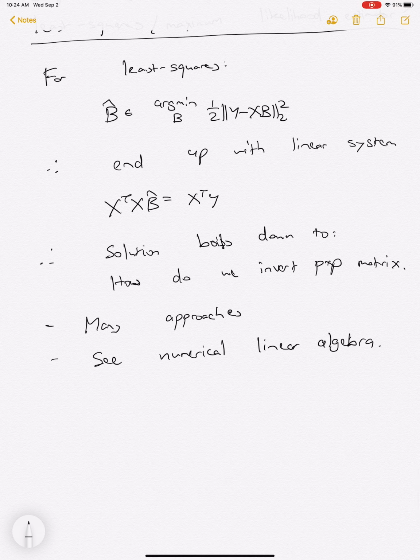There are many approaches you can look into. There are courses, and also many books written about numerical linear algebra, which basically addresses this fundamental question of how to invert a matrix.